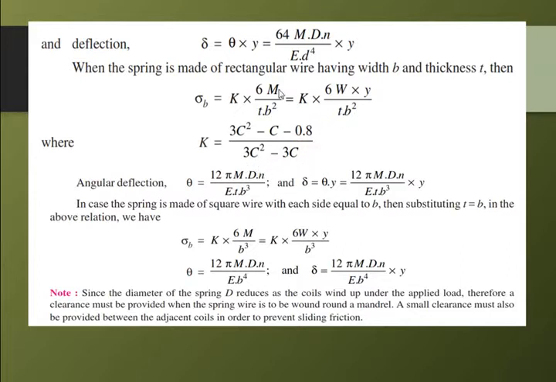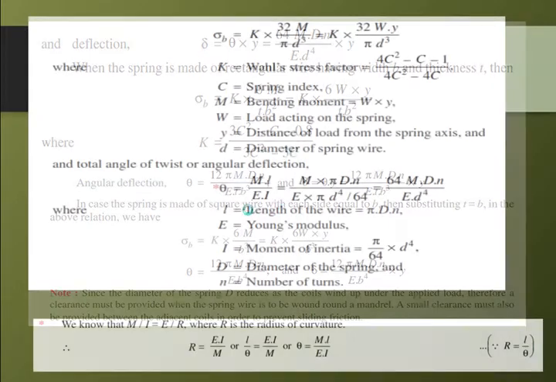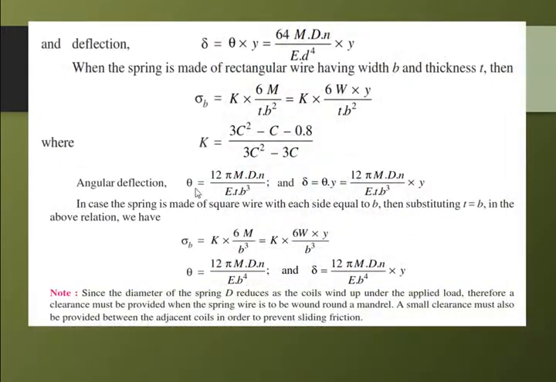In the rectangular wire case, the wall stress factor will be (3c² − c − 0.8) / (3c² − 3c). And angular deflection, if you find it using these relations, you get theta is equal to 12 pi M D n by E t b³, and delta is equal to theta into y, 12 pi M D n by E t b³ into y.